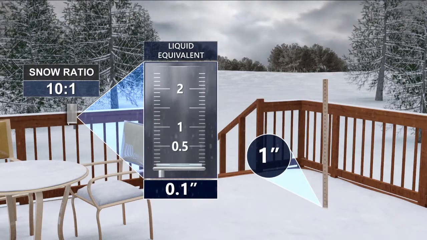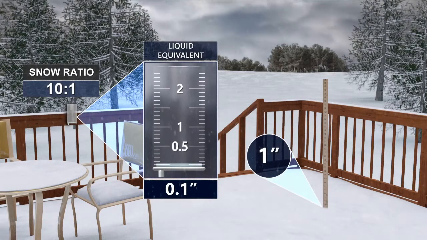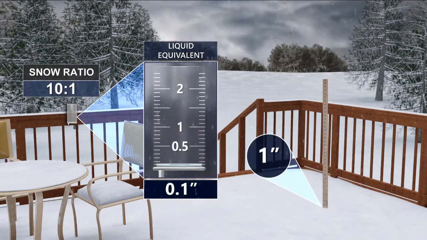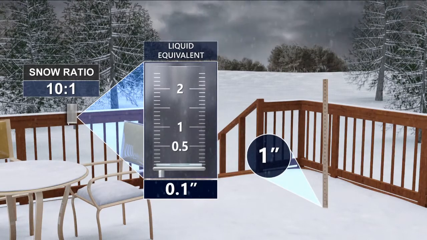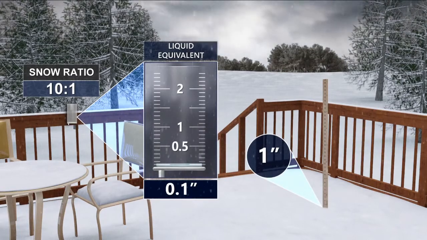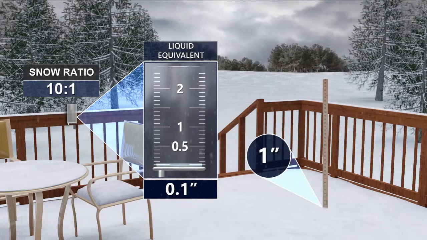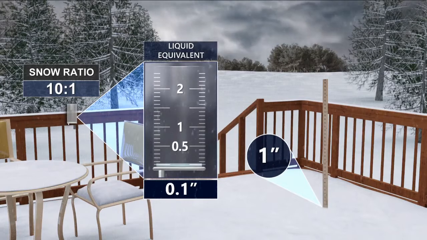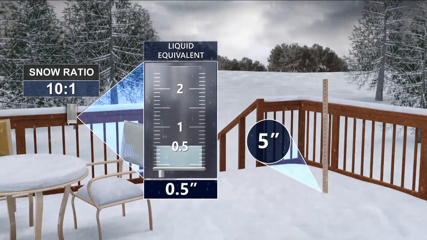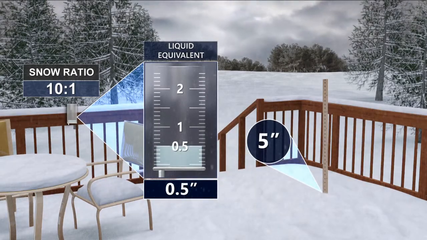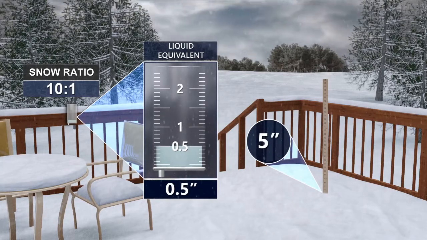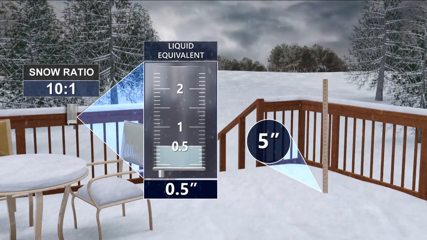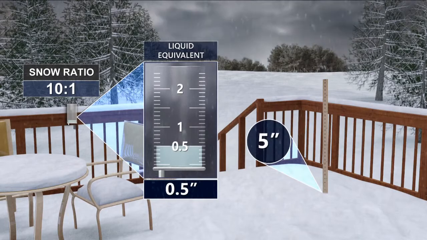Now, obviously, this is a textbook world. These things don't happen as perfectly as this, but in general, most of the time and in most situations, you end up with a 10-to-1 snow ratio. So that means that, for example, if we have 1/2 inch of rain, which around here would be a pretty decent amount of rainfall to come in a day, well, that'd be 5 inches of snow.